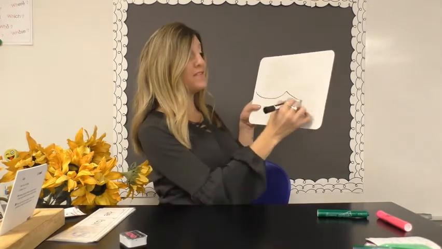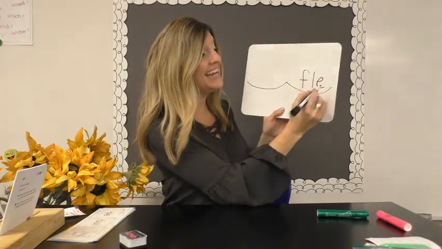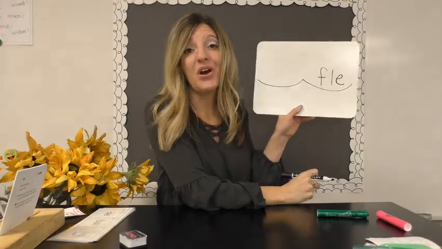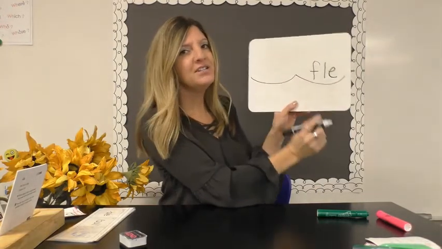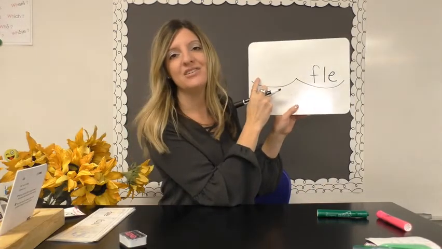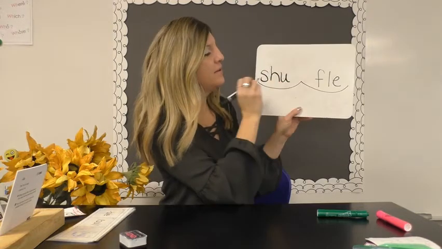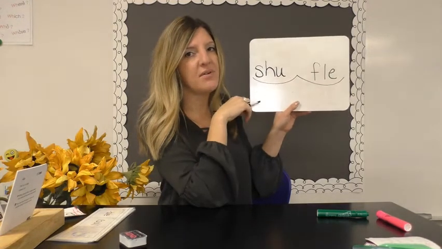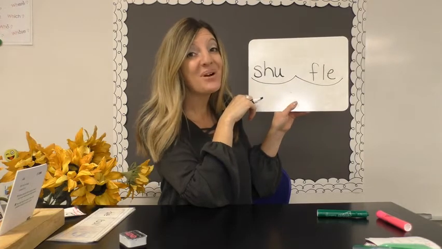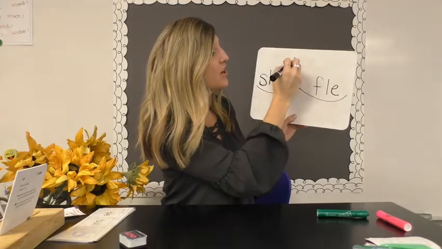So I would choose to use FLE because I'm going to shuffle cards. I'm not full of sh. So now let's try to spell shuffle. Talk about the sounds in shuffle. Sh, and if I just do this, what did I write? I wrote shoofle. So I know that I need to give it an extra guardian consonant to keep my first syllable short.